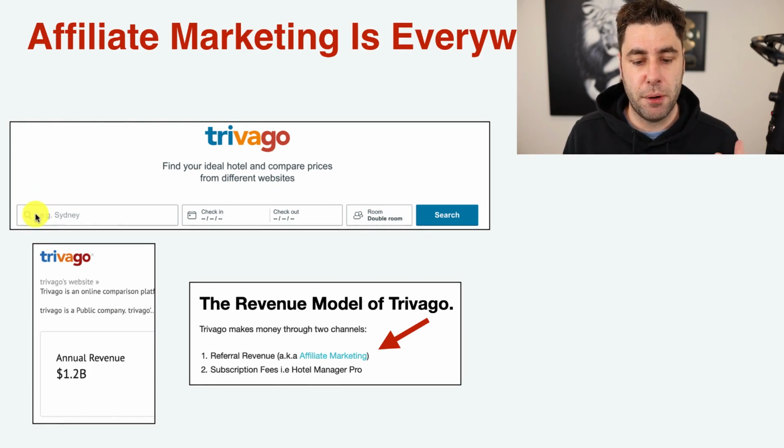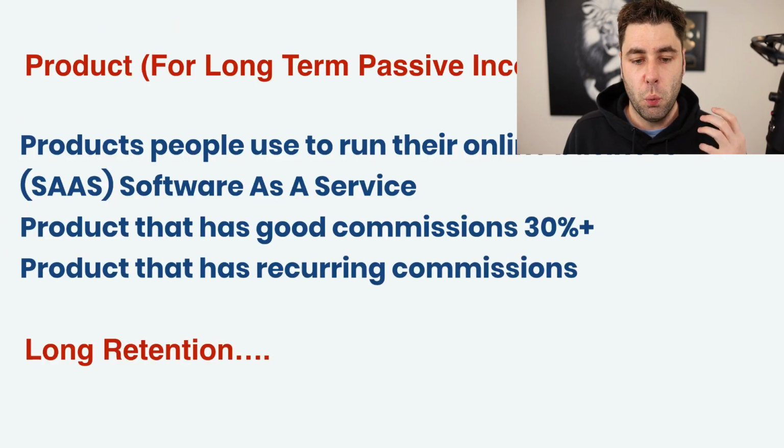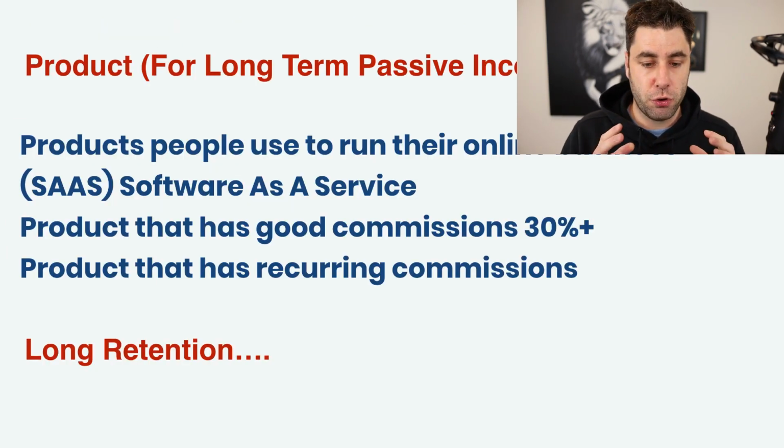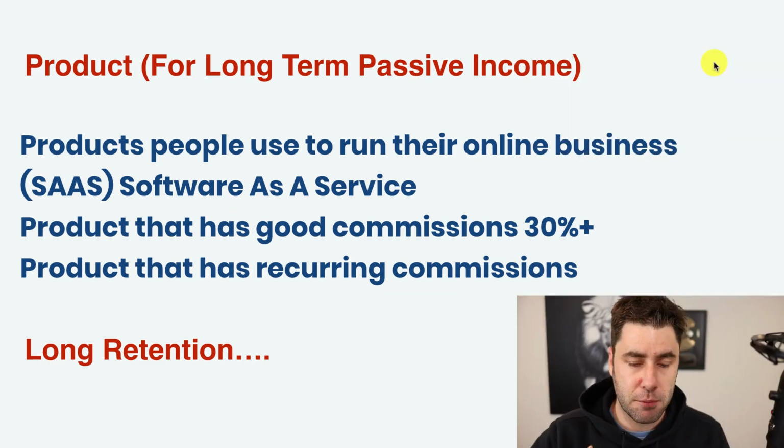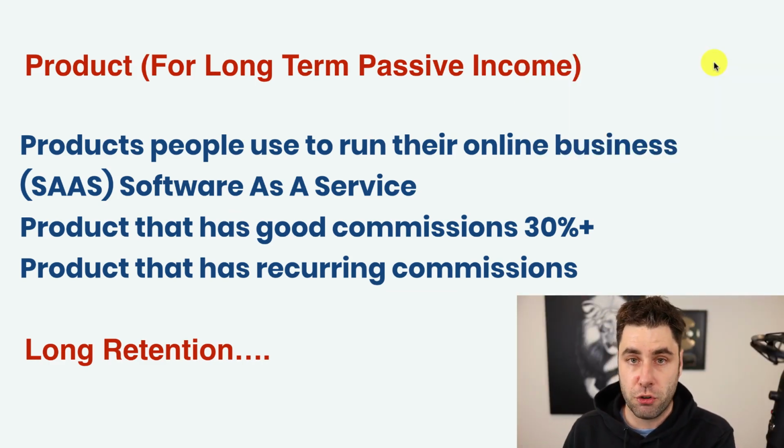Now, before we actually jump into how this all works, it's really important to understand what type of products produce the best results and the long-term results that become passive income. So this is kind of the first step: choosing what to promote. Where should you be sending people to sign up so you get a commission? When I go and choose a product to promote, I usually think of long-term passive income.